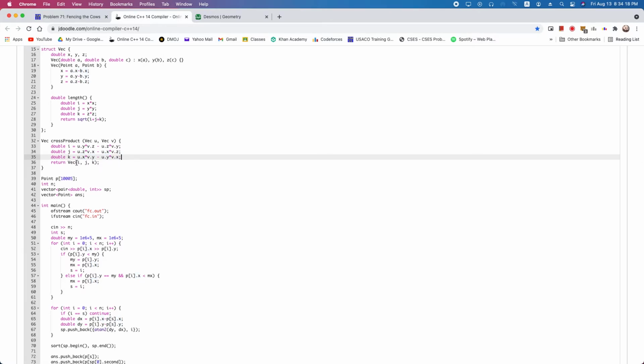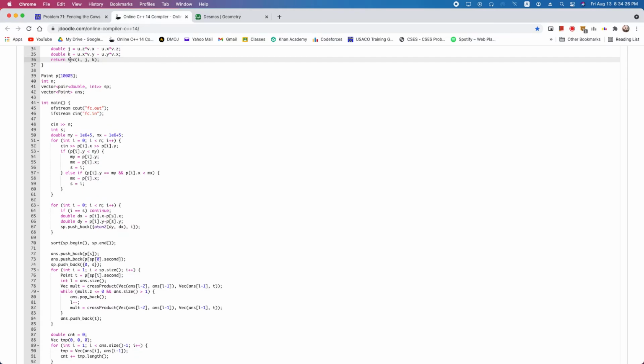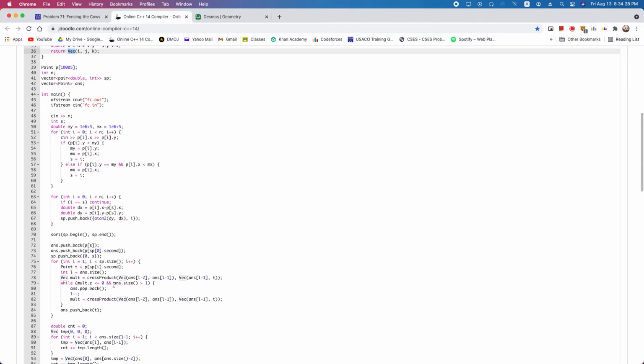So what this returns will first just be 0, 0, and then the value k. So this k will be our z value for this new vector, and this is what we will compare.